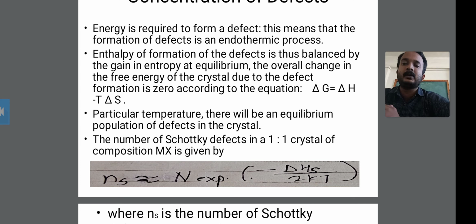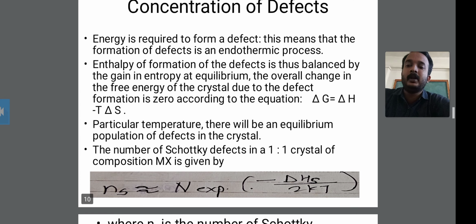Okay, this is the third point in the concentration of defects. Then the fourth point is the number of Schottky defects in a 1:1 crystal of composition MX, which is given by the following.